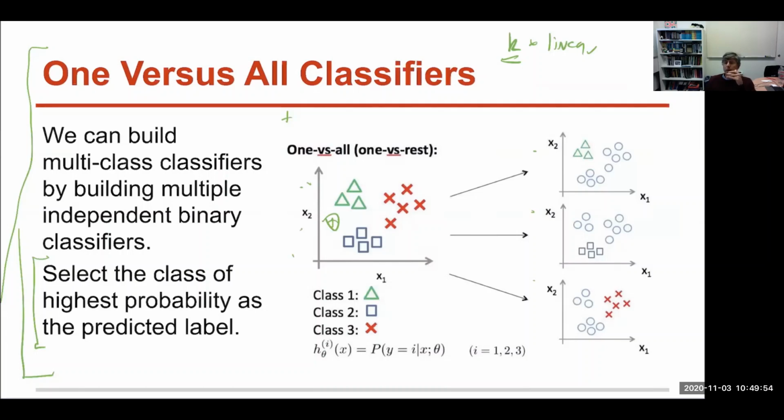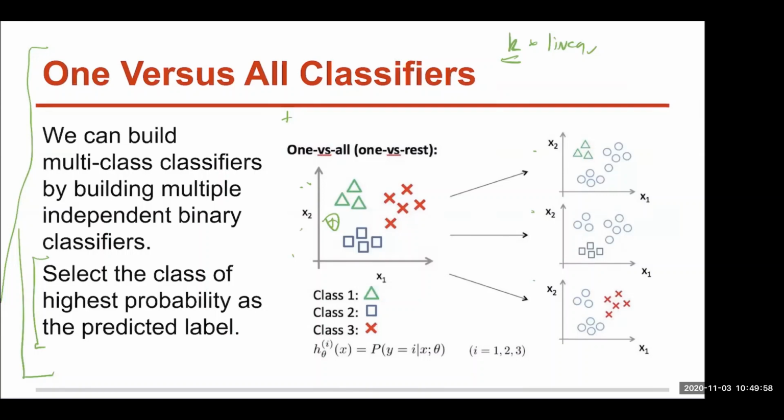Any other things that are unfortunate about this representation? Unbalanced training data.